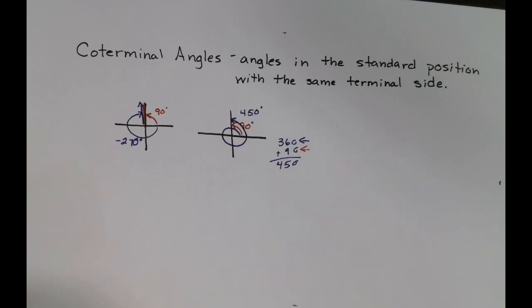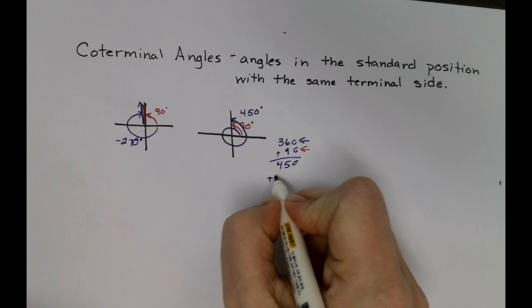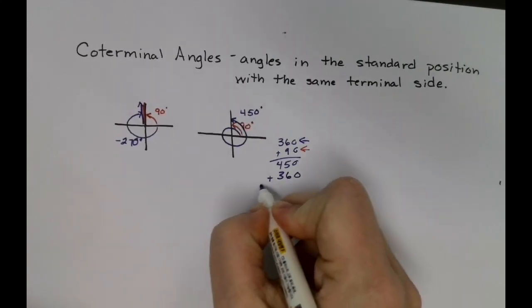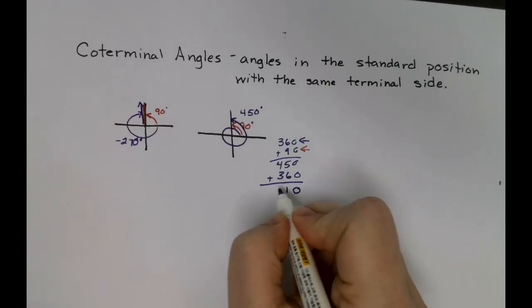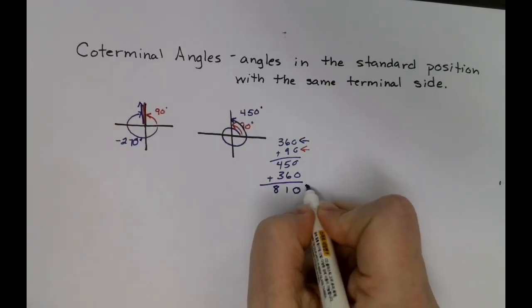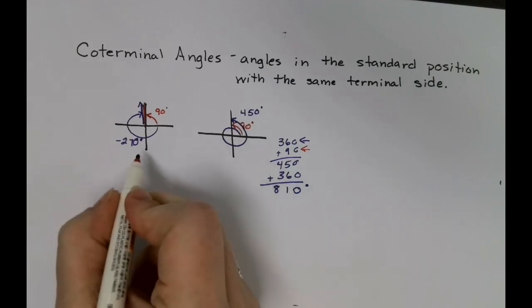So anytime you want to find another positive coterminal angle, you can just add 360 degrees. So if we added another one to what we started with there, we come up with 810 degrees being another angle that would also be coterminal in a positive direction with our 90-degree angle and also with our 450-degree angle.